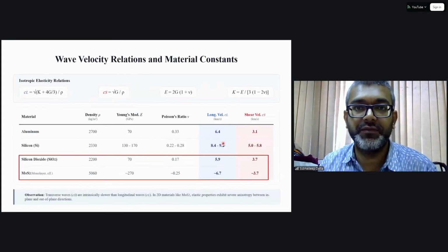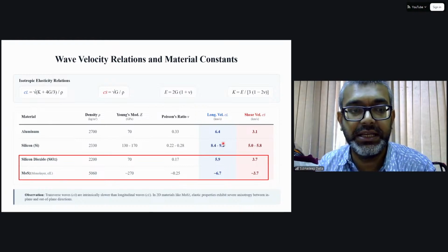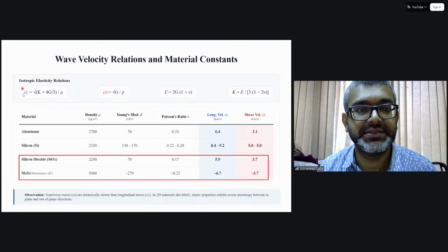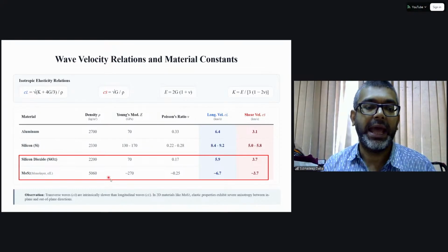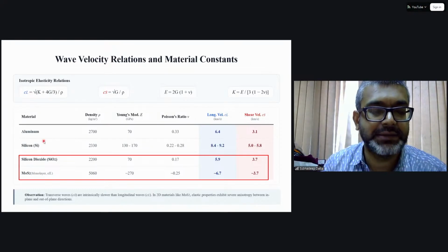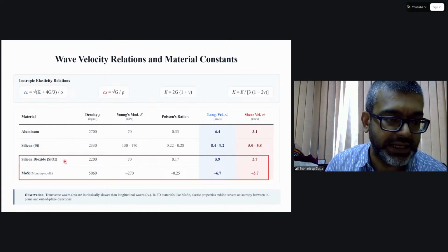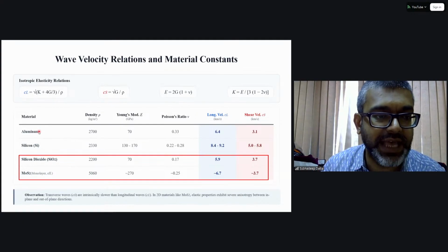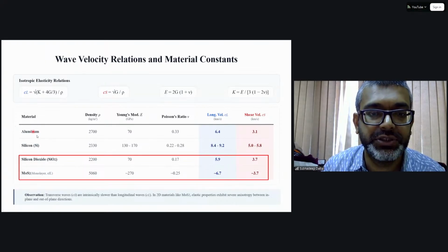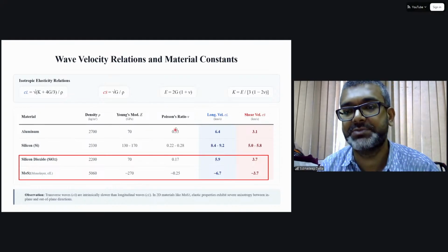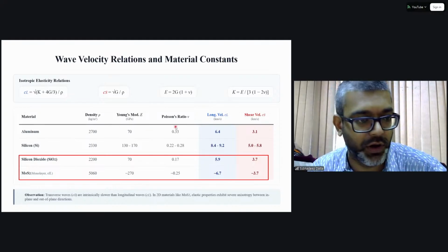Now, wave velocity relations and material constants. Of course, we all have isotropic elasticity relations. And then if we take some known materials, as you can see, aluminum has density, Young's modulus, and Poisson's ratio all known for a long time.